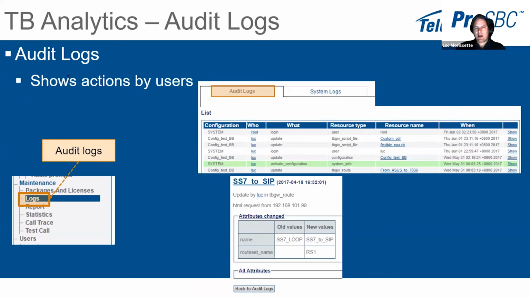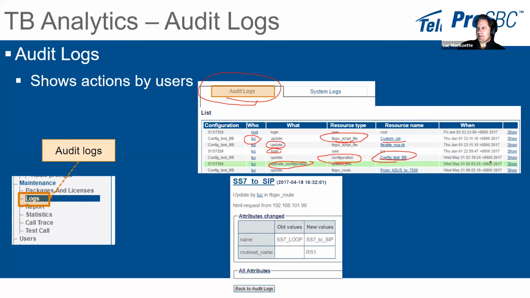You have audit logs. So these are the logs done by users. So if you click on logs here, you will see audit logs, and you will see who has modified something. Maybe just a login or updated or activated the configuration. And then you can see what was changed. So this was a script file that was changed. This was a configuration that was updated here.